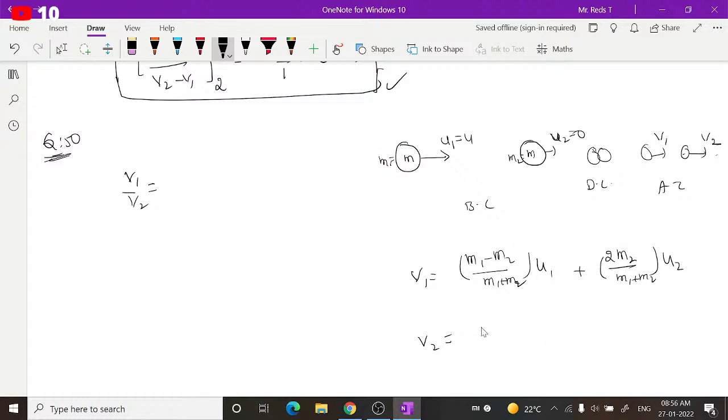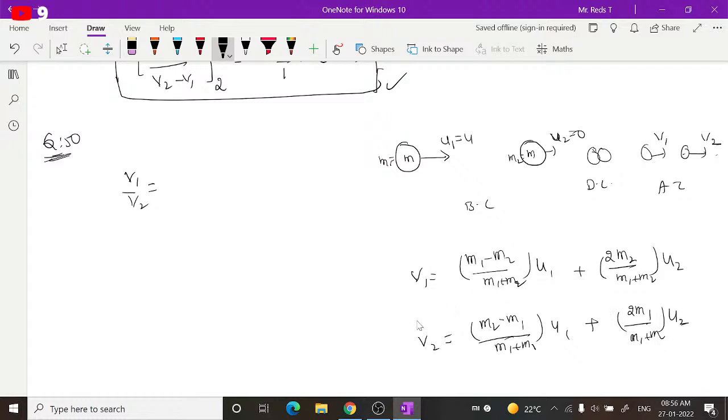Similarly, v2 is equal to (m2 minus m1) by total mass into u1 plus 2m1 by (m1 plus m2) into u2, right?